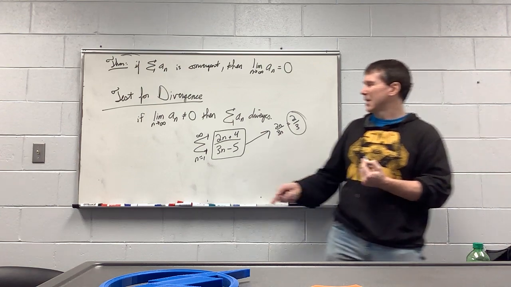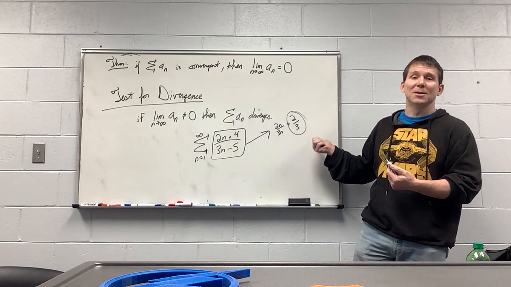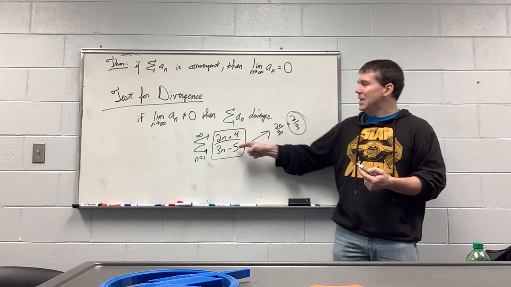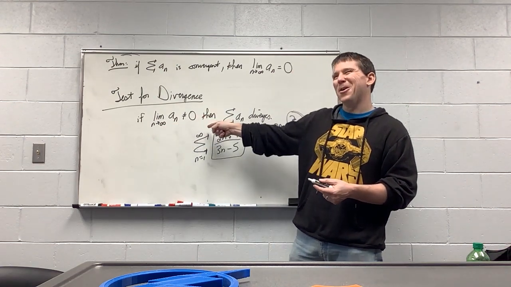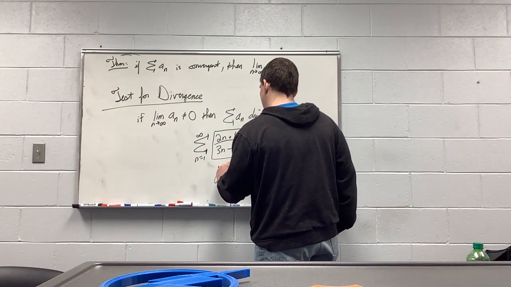If you think about this as a rational function, it has a horizontal asymptote at 2/3, going all the way back to pre-calc. But the limit of this sequence is 2/3, which means the limit is unequal to 0. Conclusion, divergent.